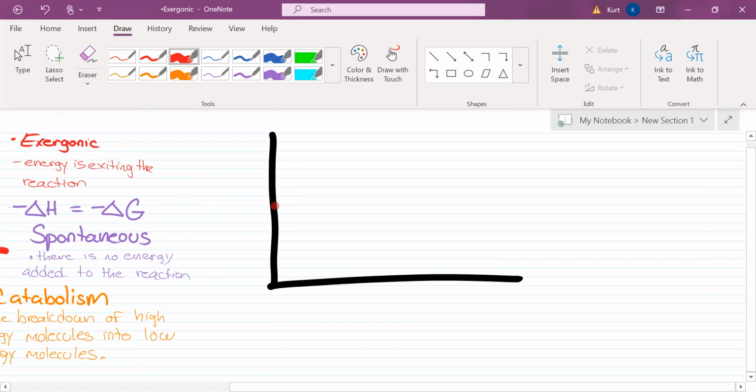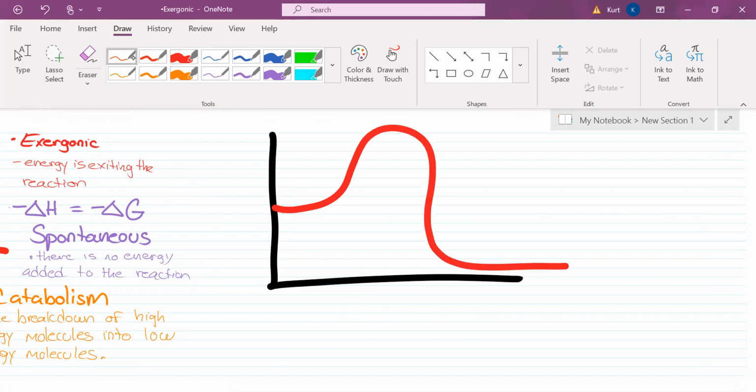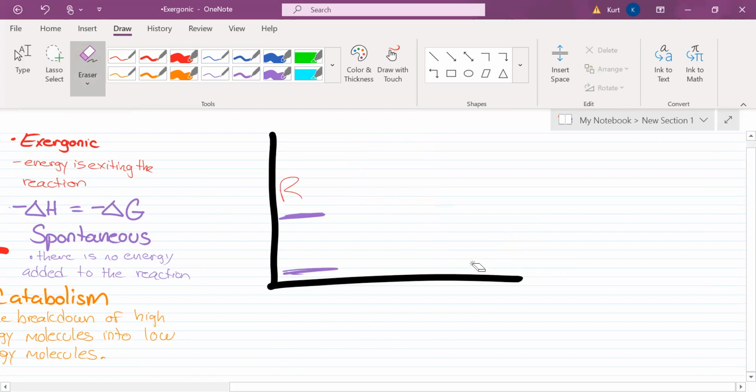All right, here we go. So we have our reactants, R, products, P. Wait, I did that wrong. What a doofus I am. Got a little carried away, didn't I? There we go.